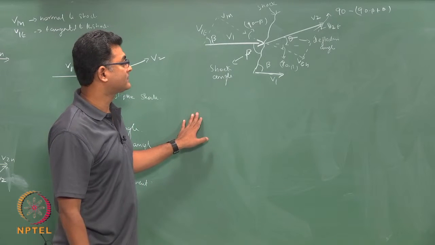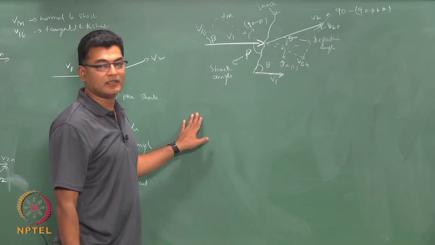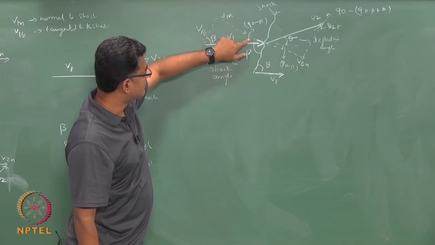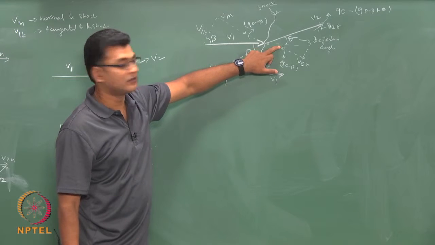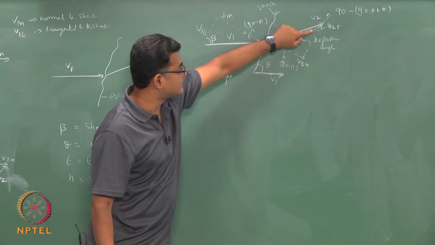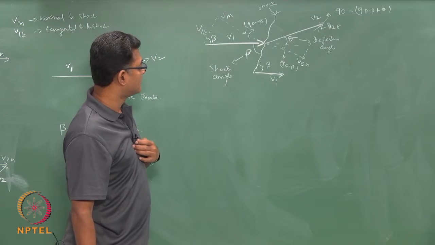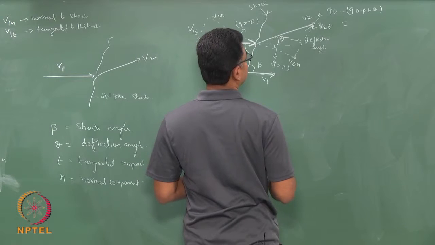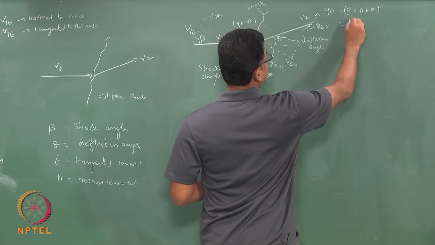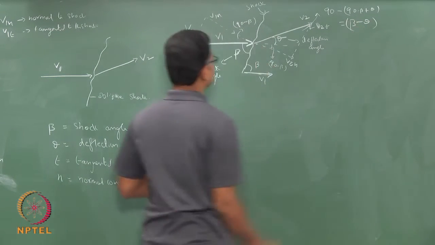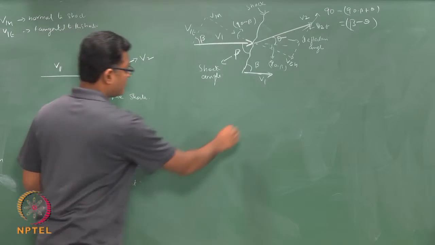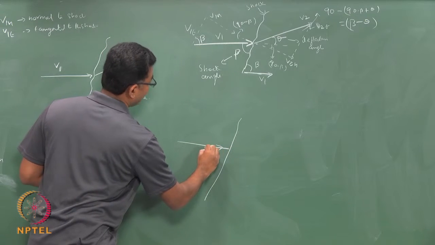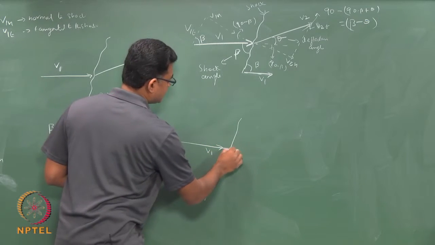Okay, is that fine? This is theta, this angle would be this angle, which is 90 minus beta. Okay, so this and this should add up to 90. So, this is beta minus theta.